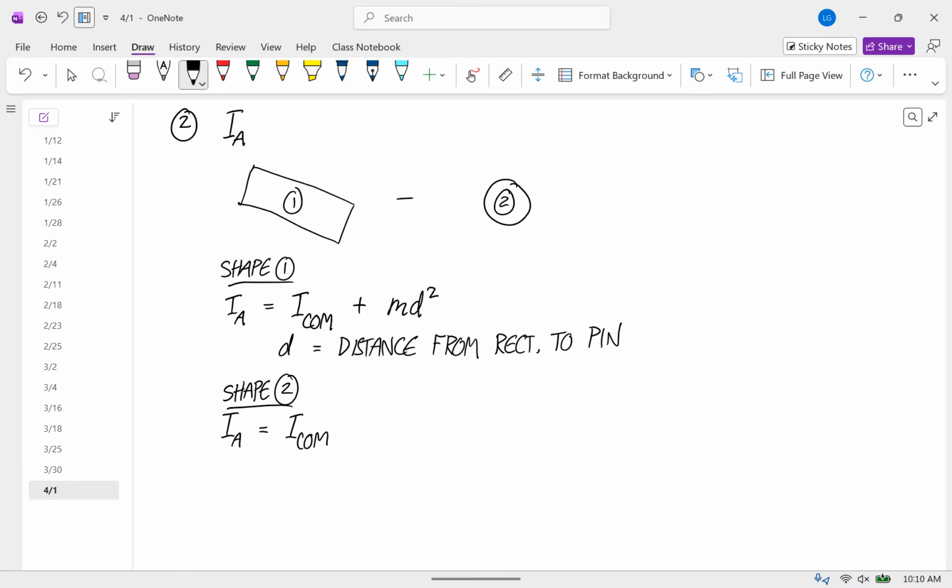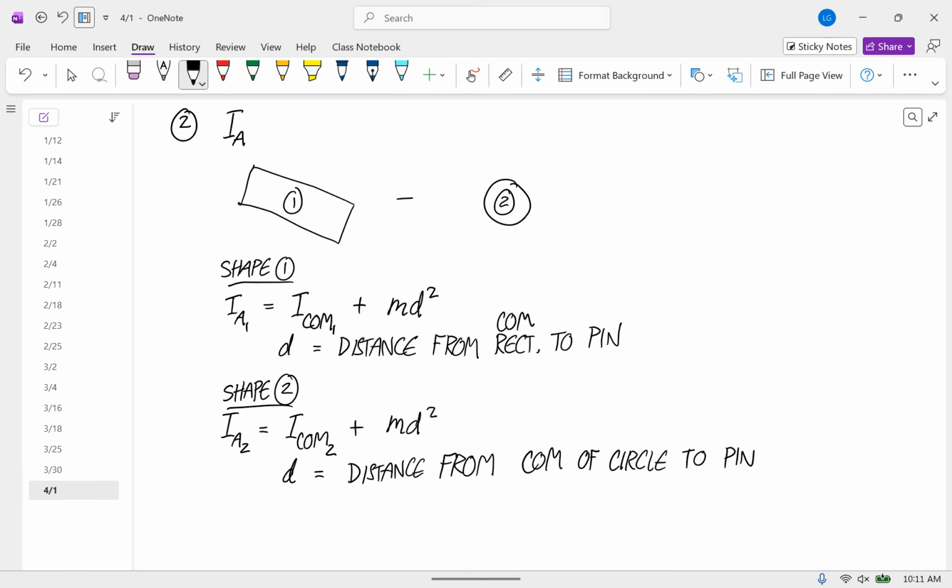So I'll call this IA1, this is IA2, this is 1, this is 2, plus md squared, where this time d is the distance from the center of mass of the circle to the pin.